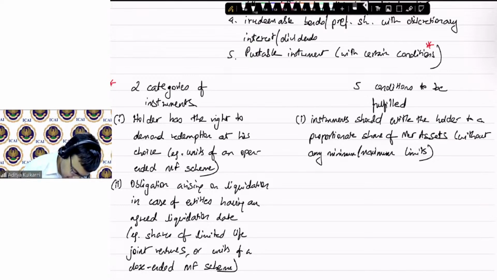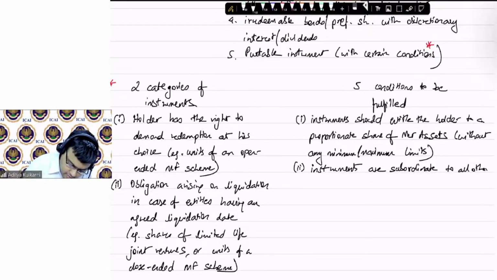Okay, second one. Instruments are subordinate to all other classes of instruments.